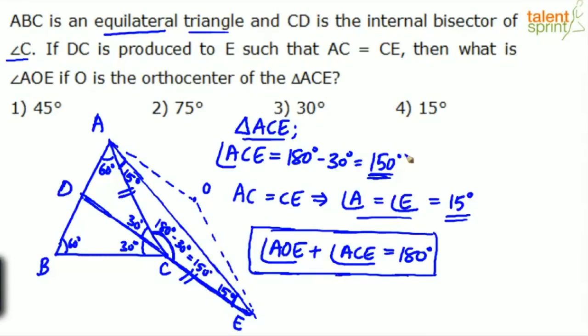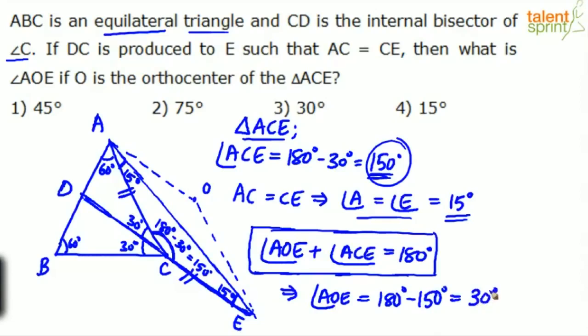We already know that angle ACE is 150 degrees. Substitute it here. In fact, this 15 degrees calculation was not needed. You can directly say that if this is 150, then the angle there will be 30 degrees. Yes or no? So we can say that angle AOE will be equal to 180 degrees minus ACE. What is ACE? 150 degrees. So the answer would be option 3, 30 degrees.